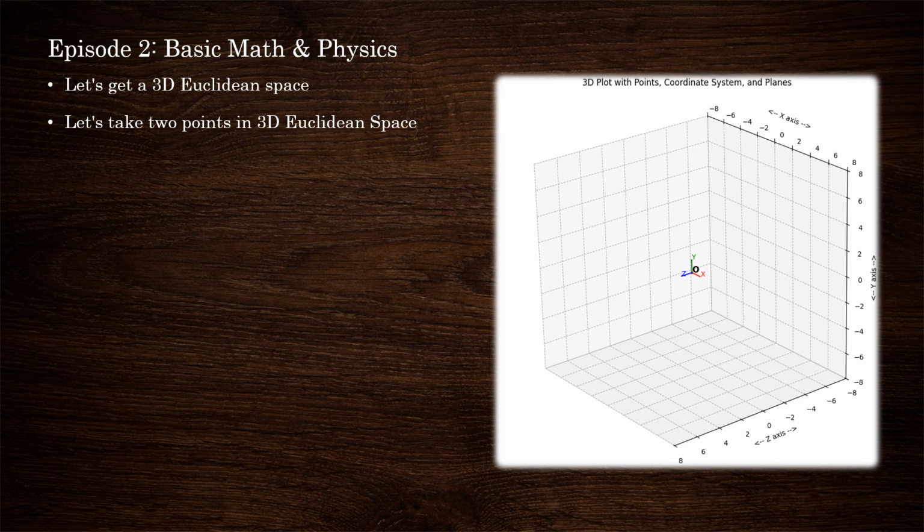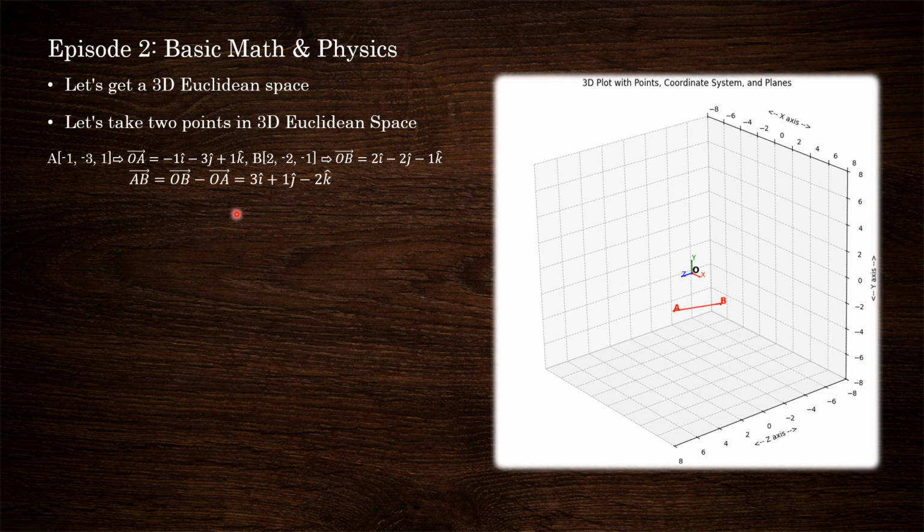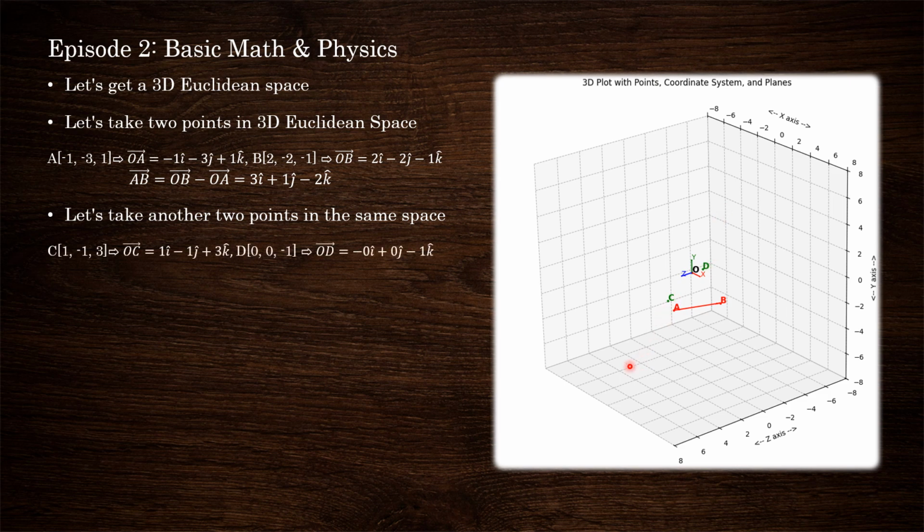Let's get a point A and a point B, give those coordinates, and then we'll form the vectors OA and OB. The AB vector is given as OB minus OA, so we get that vector. Let's get another two points in the same space, and call that CD. Let's mark that vector as well.